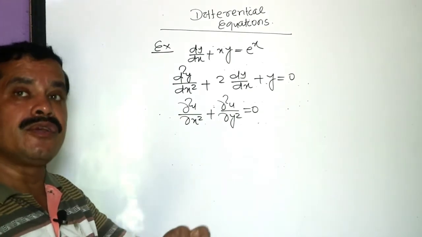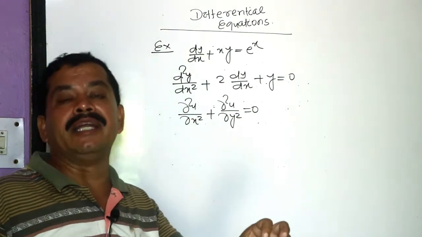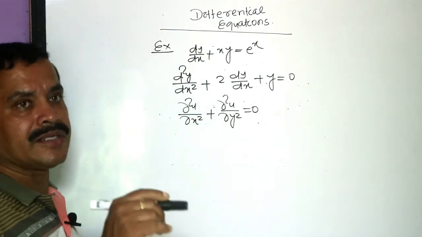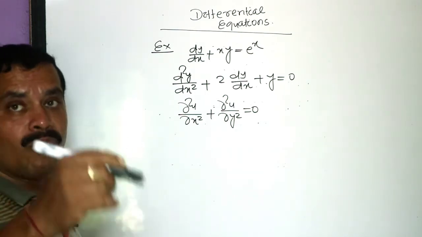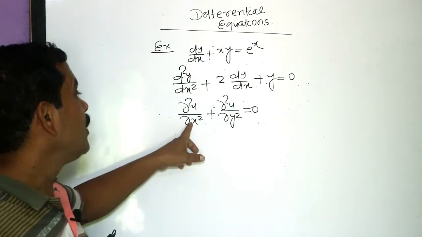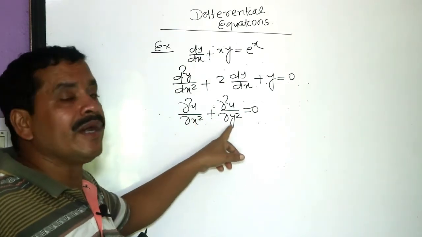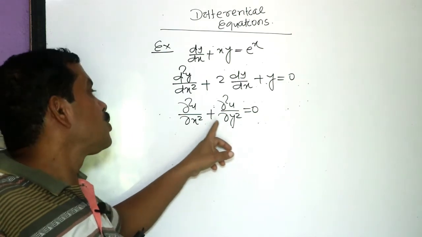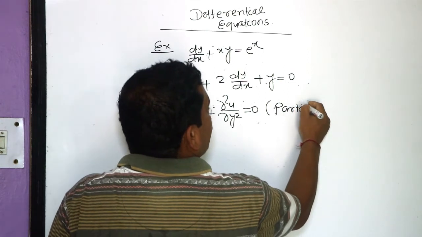An ordinary differential equation is an equation which involves only one independent variable, and a partial differential equation is an equation which involves more than one independent variable. This equation involves two independent variables x and y, so this is a partial differential equation.